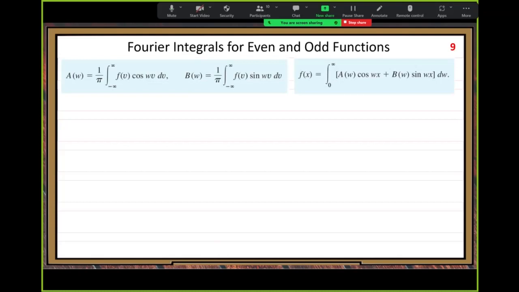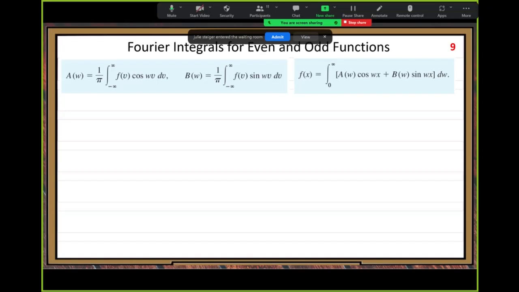Let me recall a little bit the last few slides about Fourier integrals. Why do we want to study Fourier integrals? Because after we learn the Fourier series, we know it's a very important tool to represent periodic functions. But in real-world applications, although many functions can be represented as periodic functions, many functions cannot.